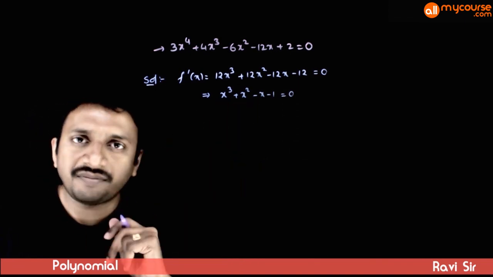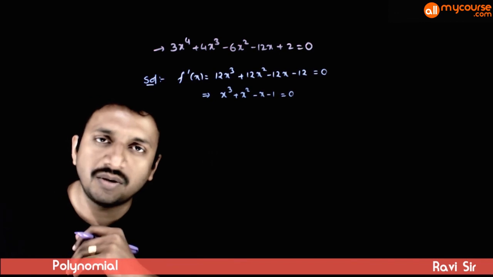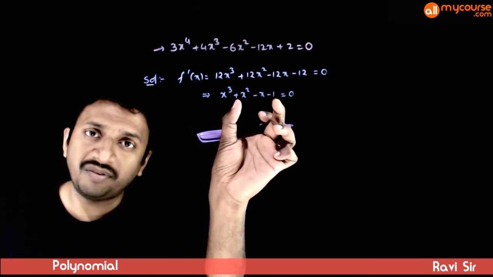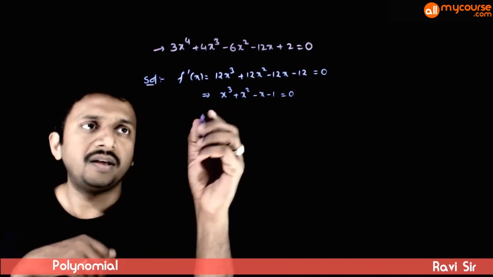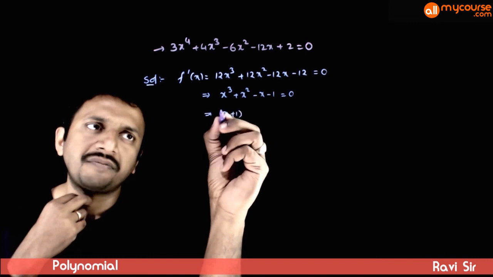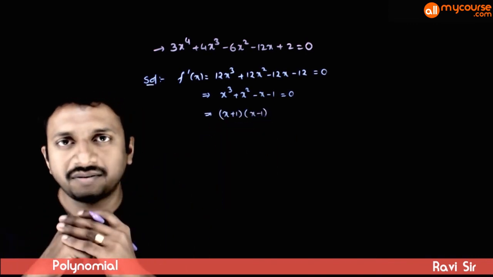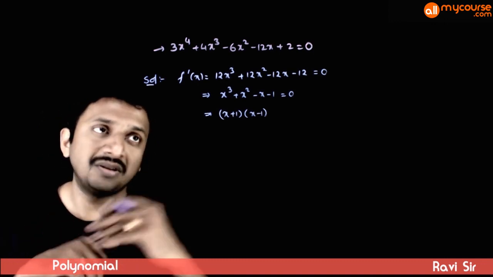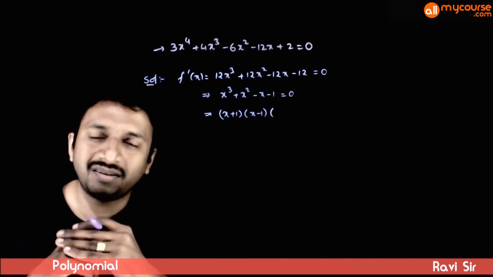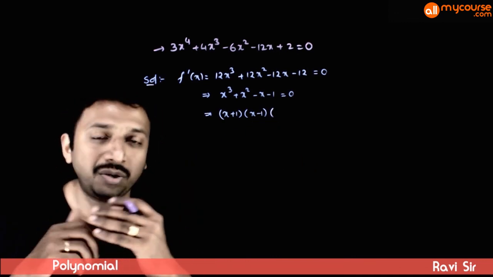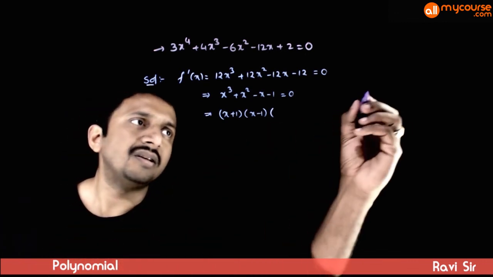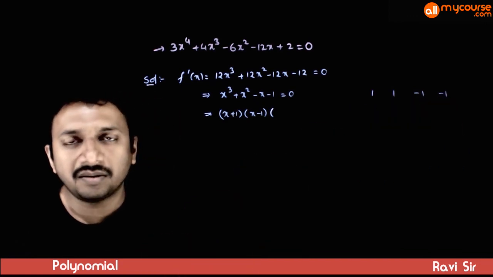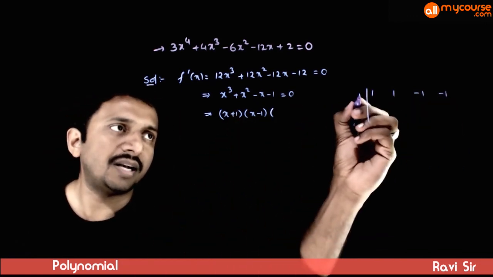So this can be very easily factorized because the sum of coefficients is equal to 0 and the sum of the odd power coefficients and the sum of even power coefficients is also equal to 0. This means x plus 1 is also a factor and x minus 1 is also a factor. Effectively, x square minus 1 is a factor of this equation. And what is the remaining quotient that you get? So you can use Horner's synthetic division. So 1, 1, minus 1, minus 1. First let us divide with x minus 1. So let us use 1 here.